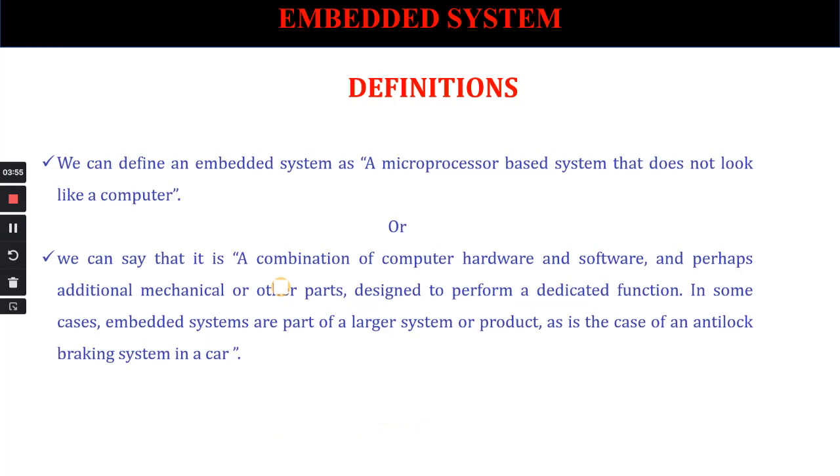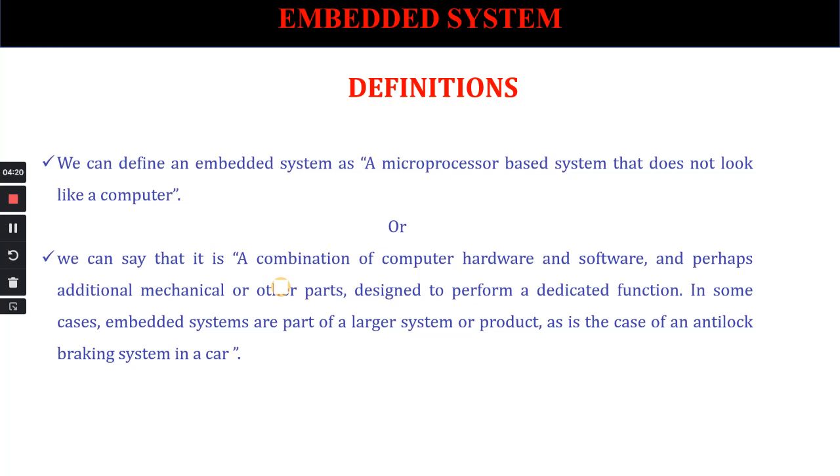Still, we can get some more definitions. We can define an embedded system as a microprocessor-based system that does not look like a computer. A computer comes under general purpose computing. Embedded system is dedicated function computing. Dedicated means it works only for a particular task.